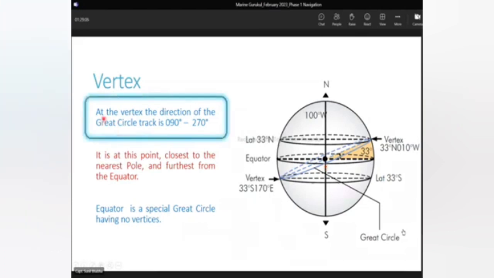Now this property, that at the vertex the direction of the great circle track is 090 and 270, east-west, is a very important property, and we use this property to calculate the position of the vertex. So please remember this property of the vertex going ahead.